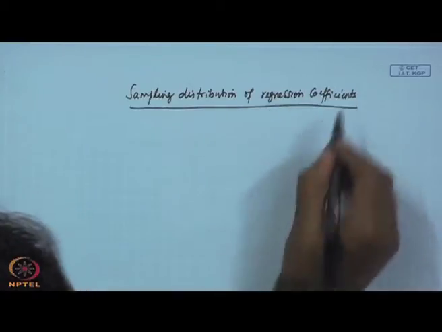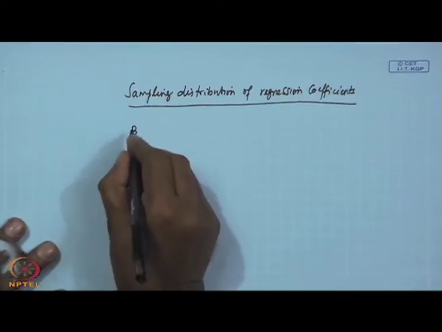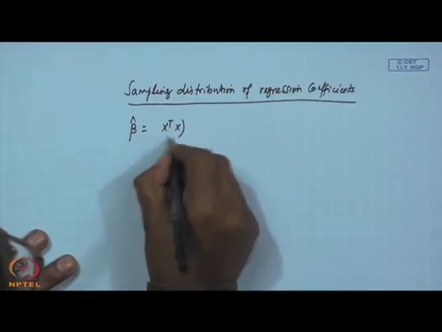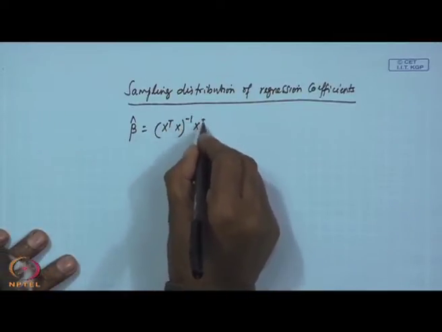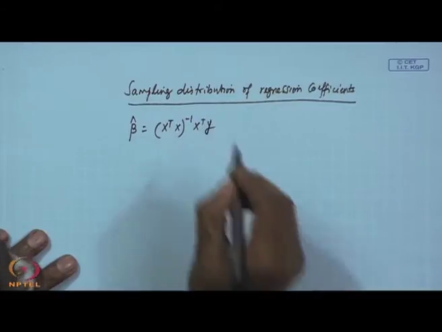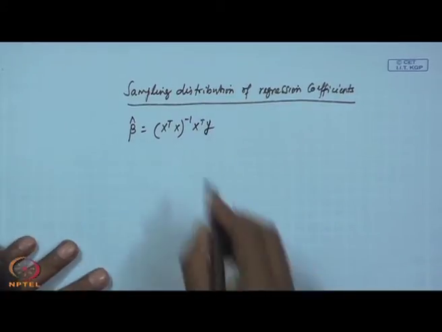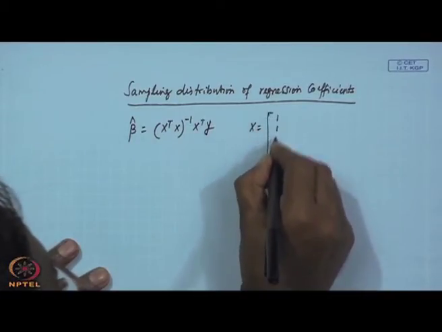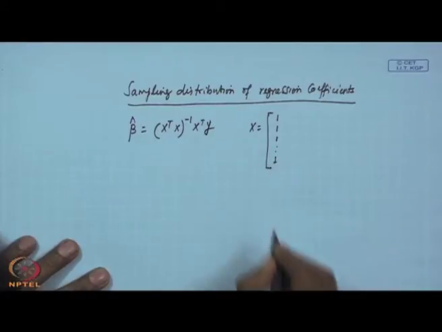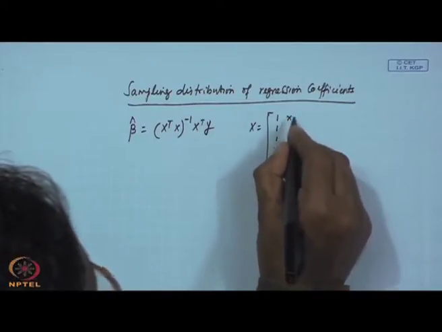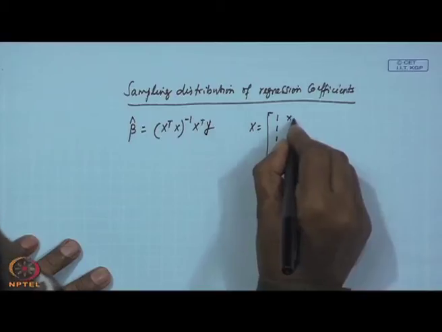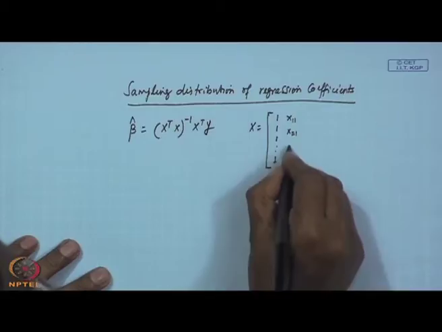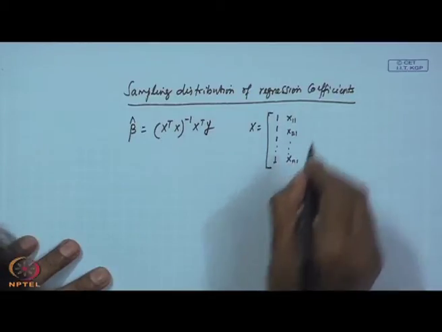In last class we have estimated beta coefficient like this: beta cap equals (X transpose X) inverse X transpose Y, where X is the design matrix. The first column is all 1, the second column will be the first variable data x11, x21, then xn1.